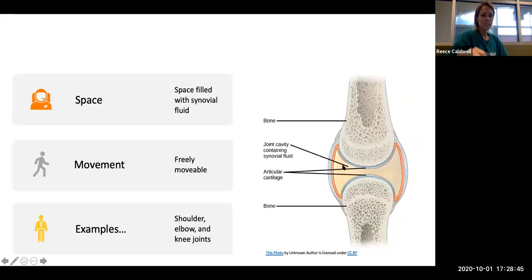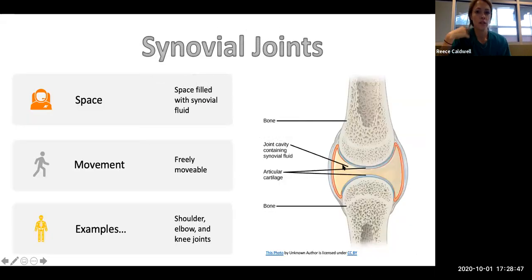And then lastly, we have our synovial joints. These are the most common joints in the body, the ones that you would be most familiar with. These are freely movable joints, like our shoulder, our elbow, our knee, our jaw, our fingers, our wrist. All of that is a synovial joint.